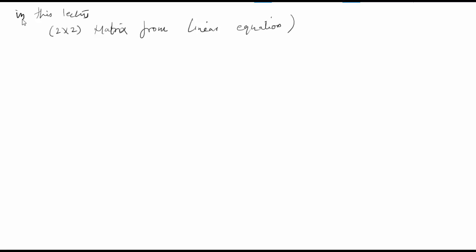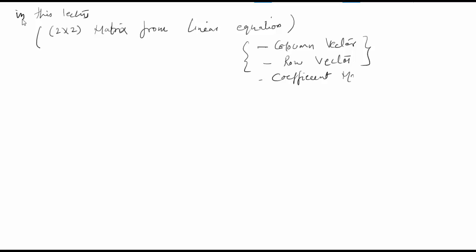Also, I will talk about what is a column vector and what is a row vector, what is a coefficient matrix and what is an augmented matrix.